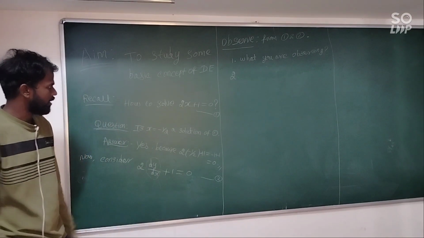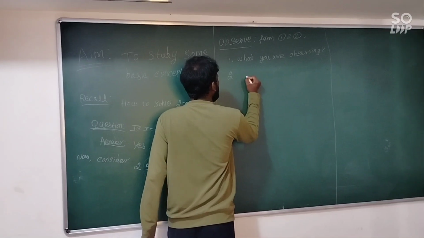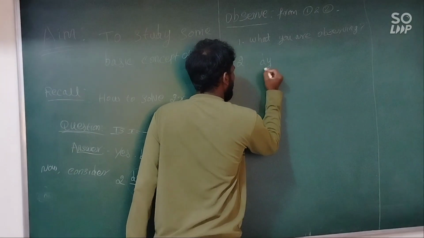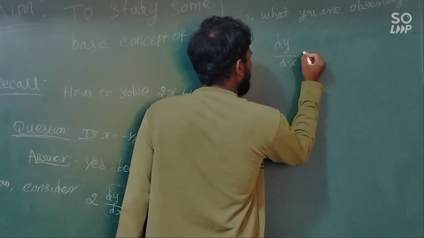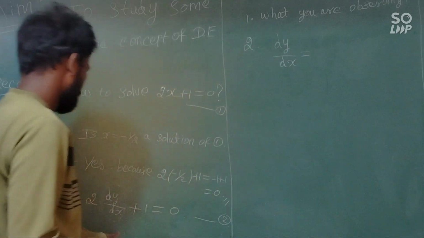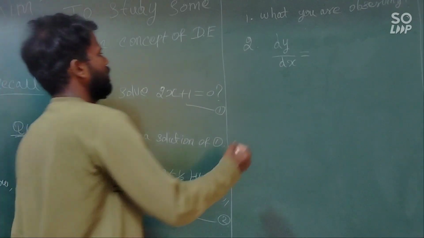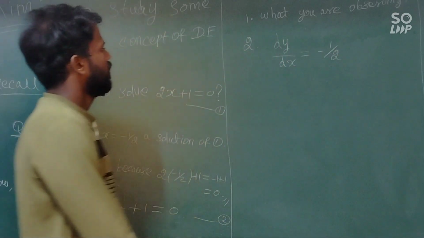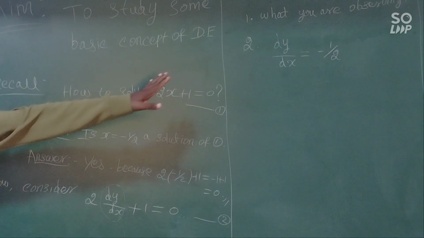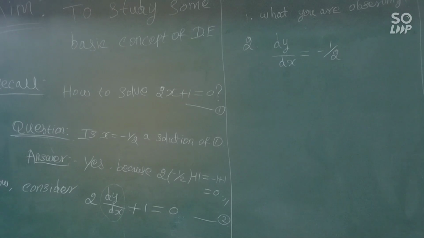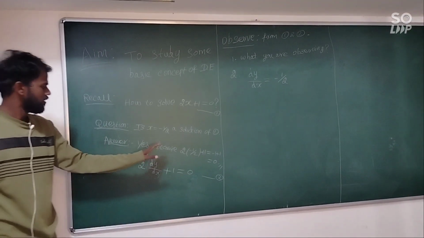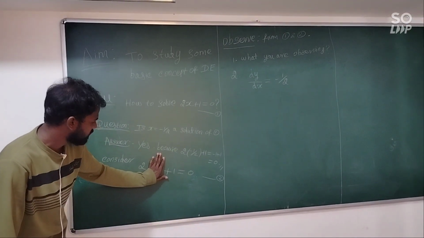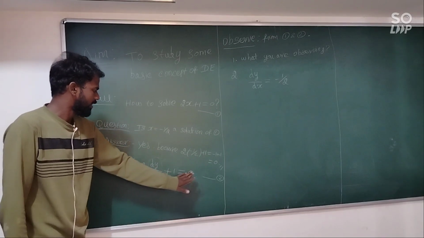x was there. So that means we can say that dy by dx is equal to minus 1 by 2. Can we conclude that this relation is valid? Yeah, because we are just treating this as x, so 2x plus 1 equal to 0.